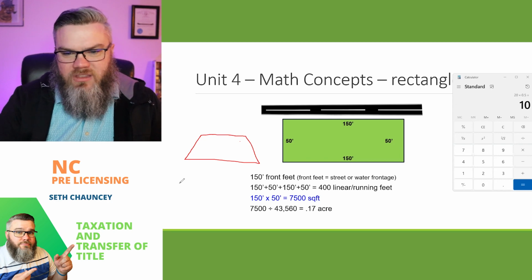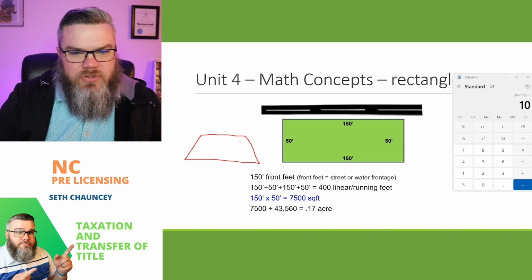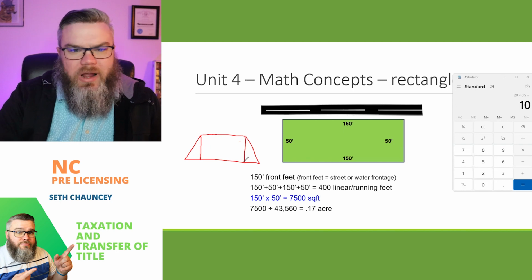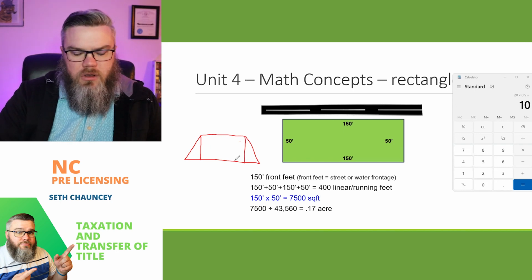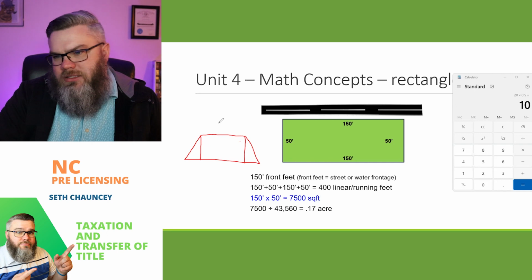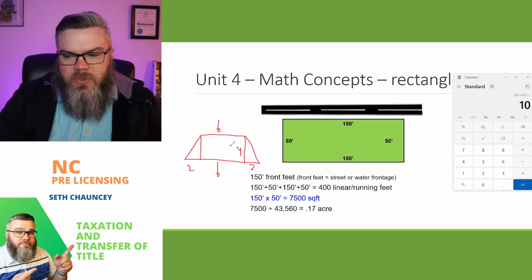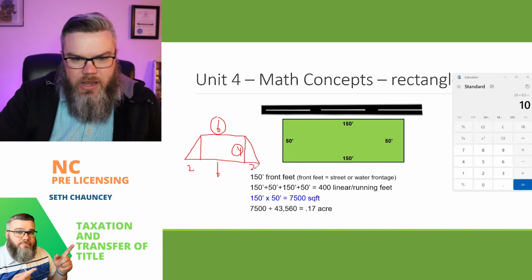Okay? Let me show you what a trapezoid is. It's 2 triangles and a rectangle. So that means if, let's say, this was 6, that means this is 6. If this was 2, this was 2, and this is 4, you have a 6 by 4 rectangle and a 4 by 2 triangle. Don't overcomplicate things.